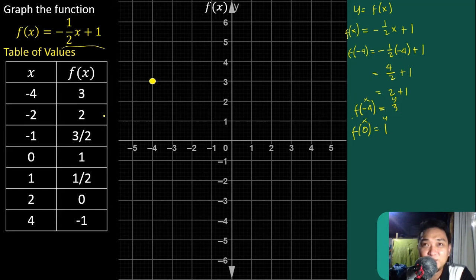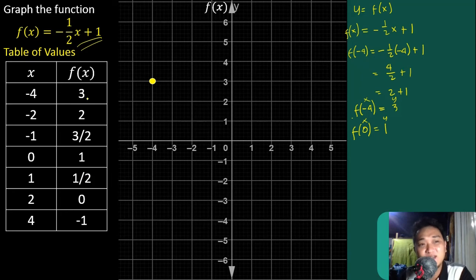Now, kung nandiyan kayo ngayon sa inyong mga tahanan, meron kayong opportunity to solve for this. I want you to solve for this function. Try nyo lang po kung makukuha nyo po yung f of x o yung magiging value ni y. Anyway, nandiyan na naman yung sagot. So, whenever na magkamali kayo, try nyo lang ulit hanggang sa makuha nyo yung tamang sagot.